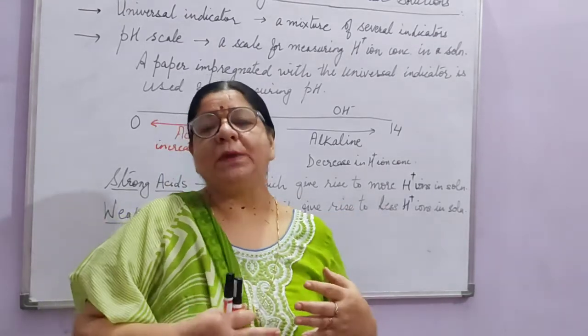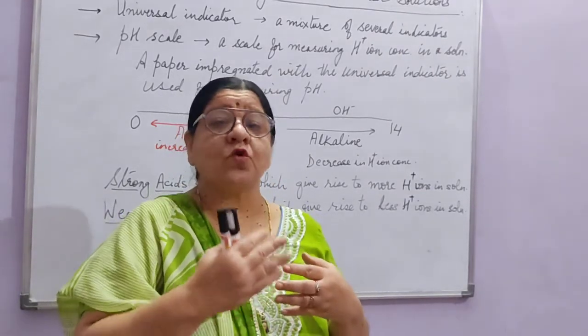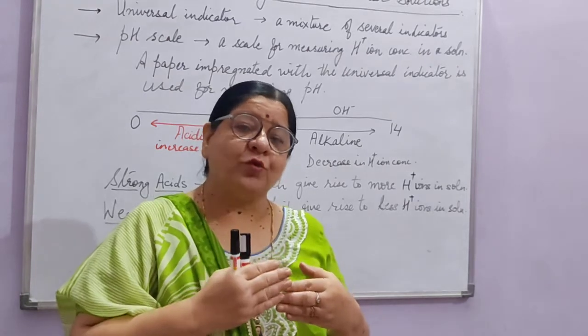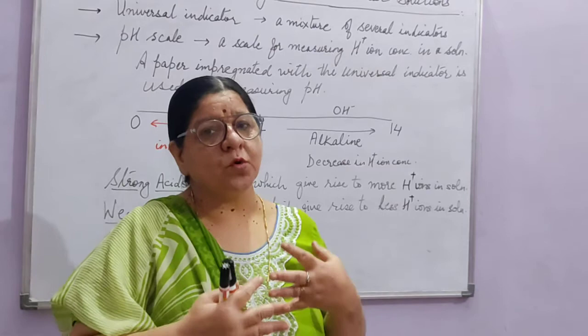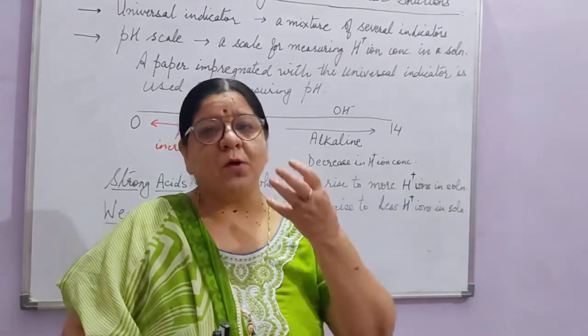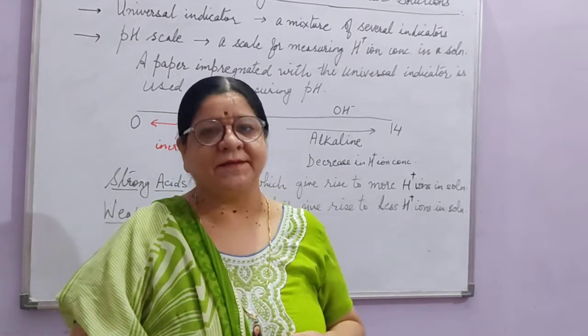But how can we come to know how strong an acid is? Strong means the hydrogen ion concentration in it. How can we come to know quantitatively what amount of hydrogen ion is present in an acid?